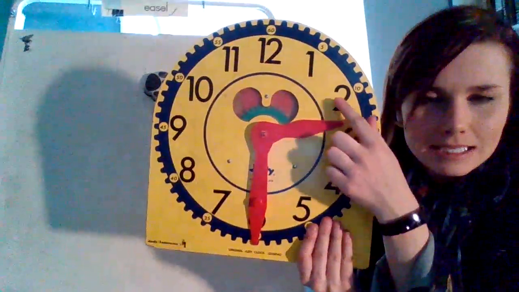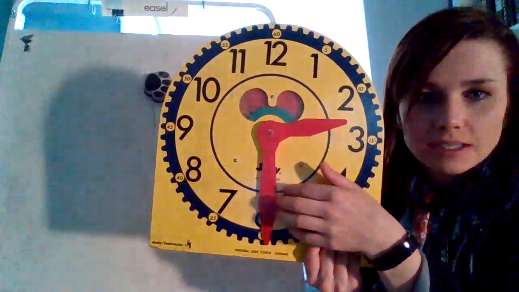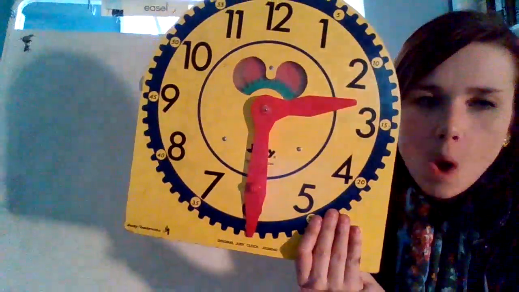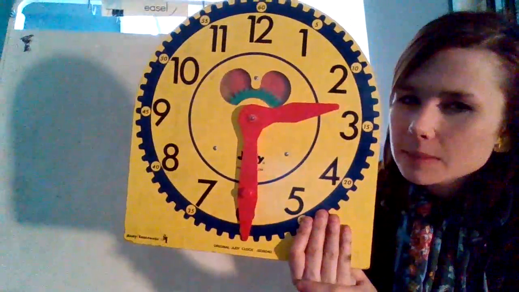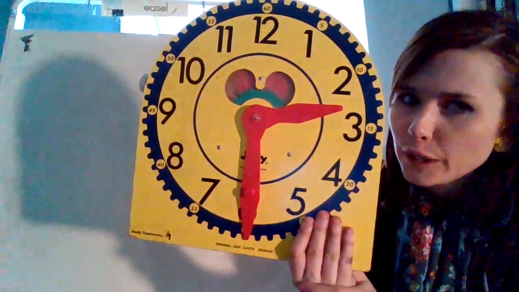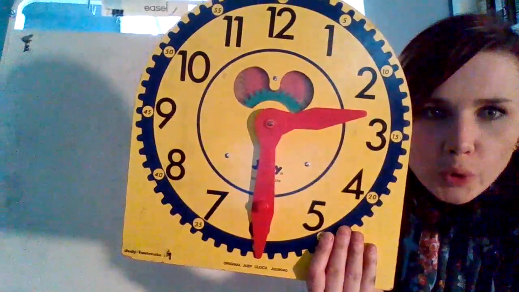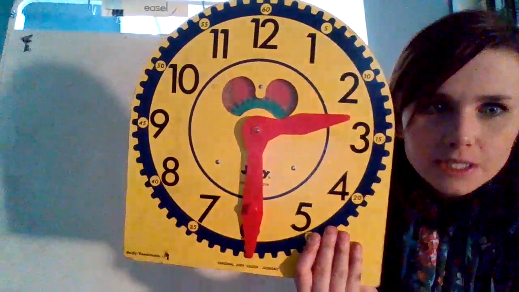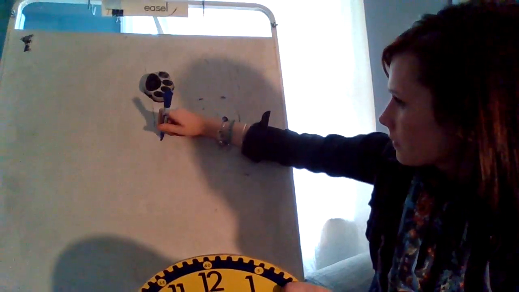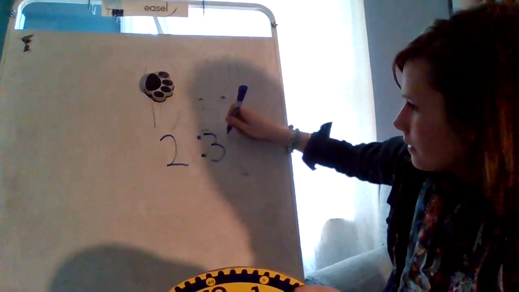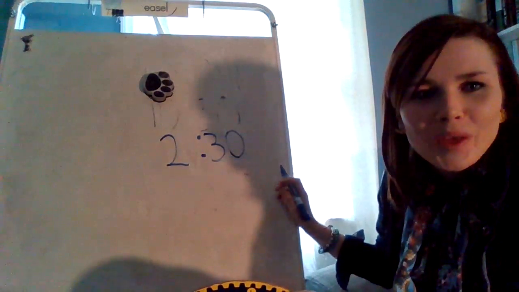Our hour hand is in between the 2 and the 3. We're going to pick the smaller number, boys and girls. Which number is smaller, 2 or 3? 2, right. So this is 2:30. And that's how you would write 2:30.